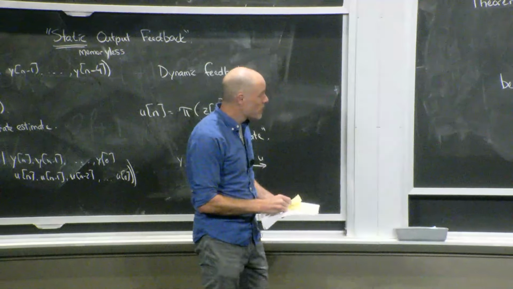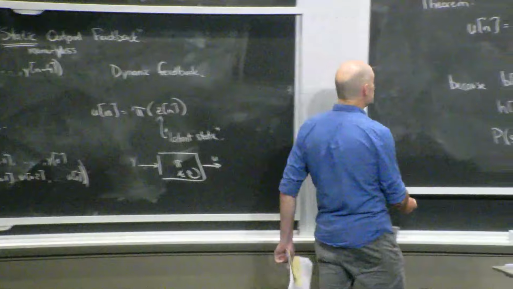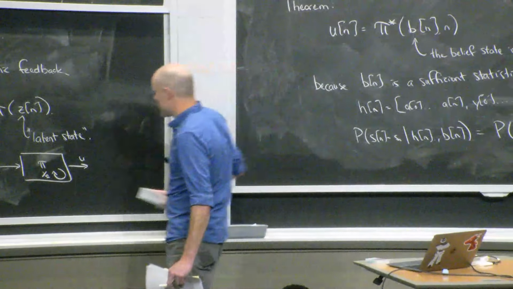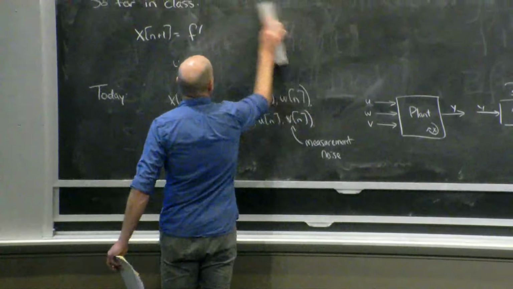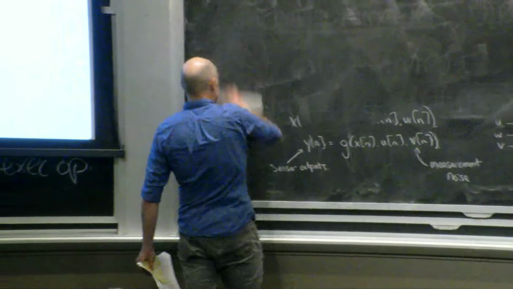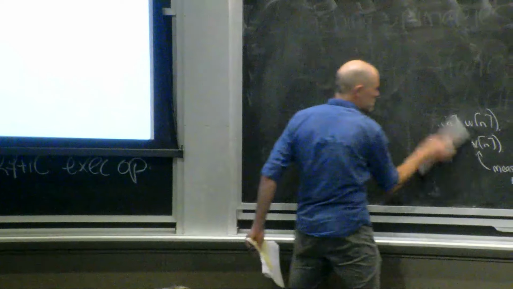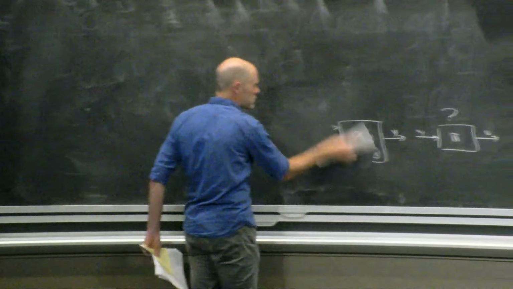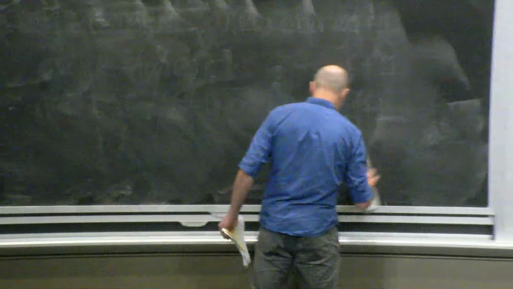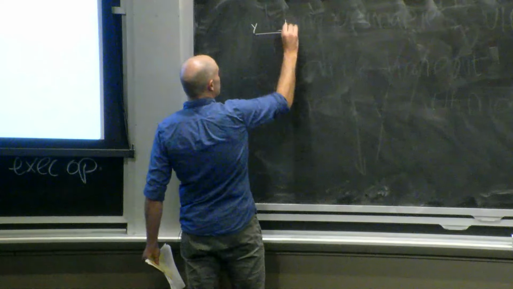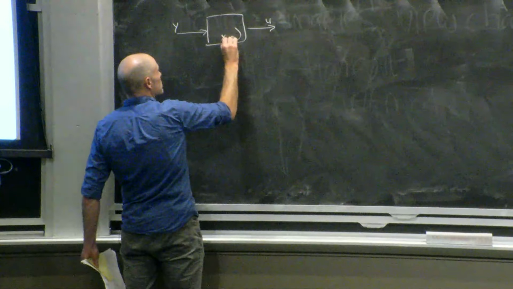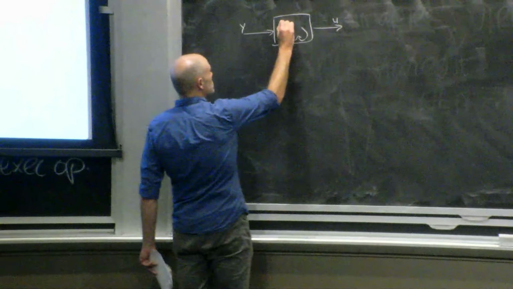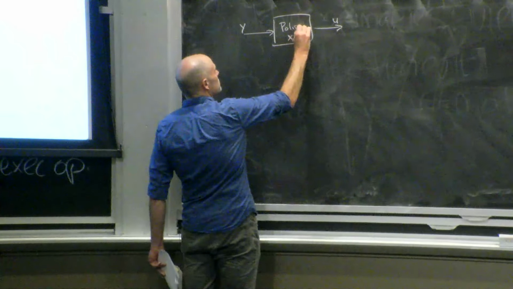So this is now a new picture that I want you to have in your head. I'm saying we have y coming in, we have u coming out. I've got some particular x candidate here in my controller policy.